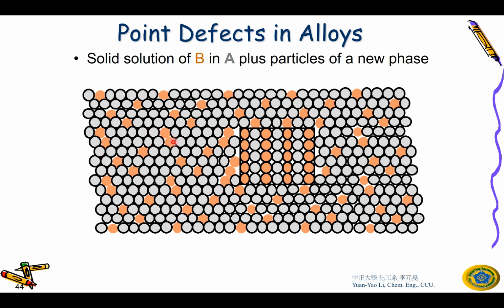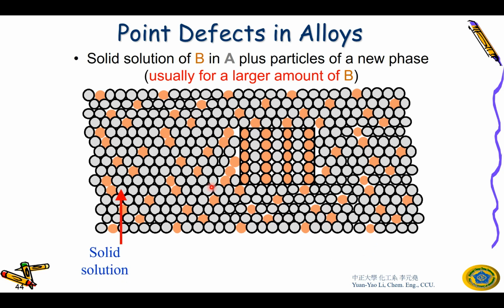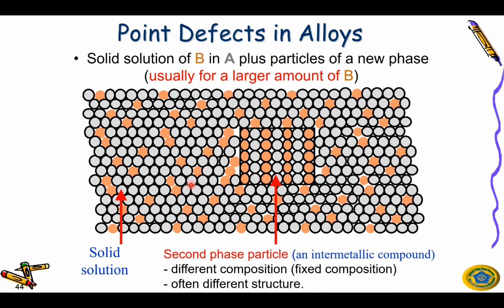These are randomly distributed. These atoms are not randomly distributed in this area. So this is what we call intermetallic compound. Usually a large amount of B will be distributed in this area. So this is what we call solid solution, and then this is what we call second phase particle.